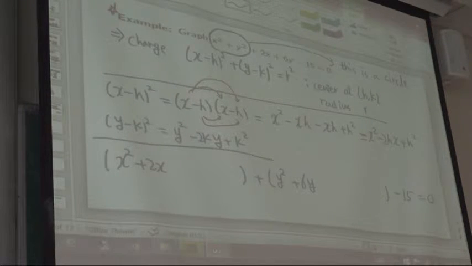We didn't change anything, we just rearranged the components, right? Make a group as x squared with 2x, and y squared with 6y. Now we're going to change this into x minus something squared, the perfect square.